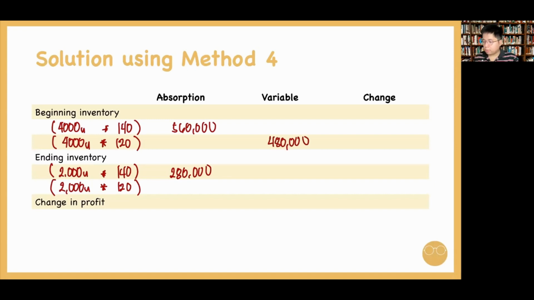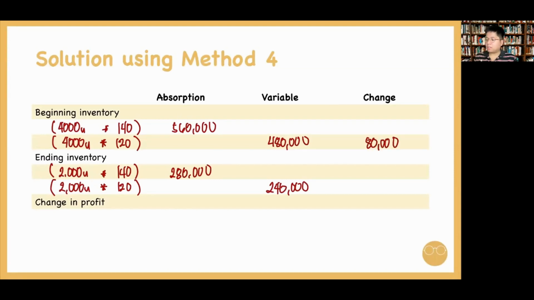And 2,000 multiplied by 120 gives us 240,000 pesos. Now let's get the difference. For the beginning inventory, 560,000 less 480,000 gives a difference of 80,000.